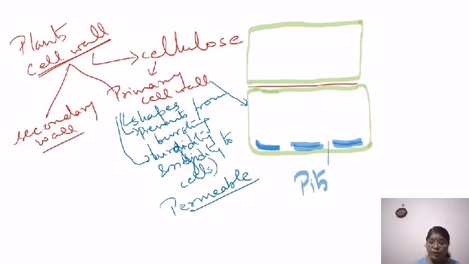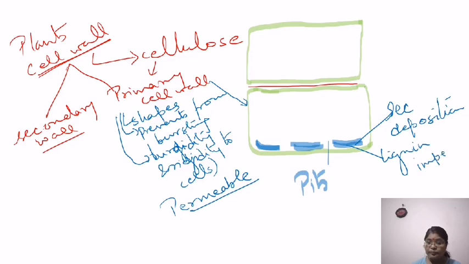Now due to the secondary deposition, suppose this is lignin, it makes the wall impermeable. Therefore through these pitted areas where the secondary wall is not present, water can move out or move in.